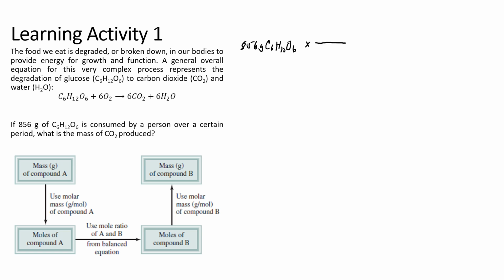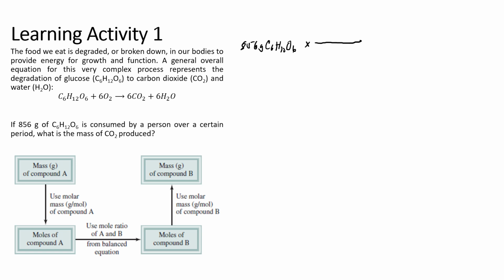So the molar mass of your glucose is, so let's try to solve that. Molar mass is 12 ang carbon times 6 plus 1 times 12 hydrogen plus 6 times 16 ang oxygen.